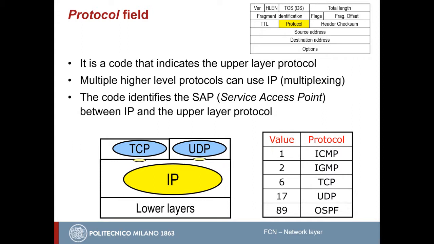They directly send data in the IP datagram. So these values are like service access point markers or indicators that tell what is the interface used between layer 4 and layer 3.